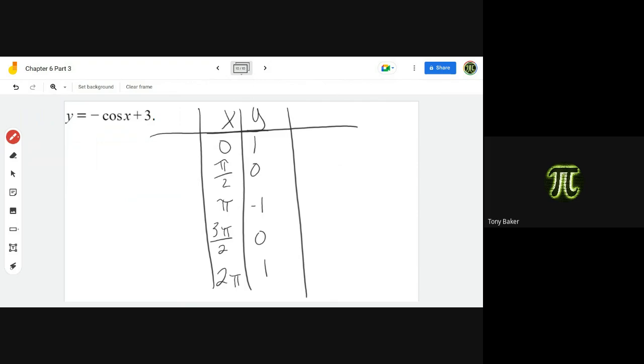All right. What's done to the X and what's done to the Y? Okay. Yes. Okay. Yeah.